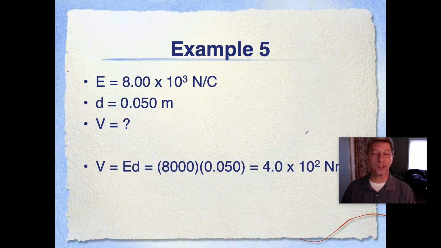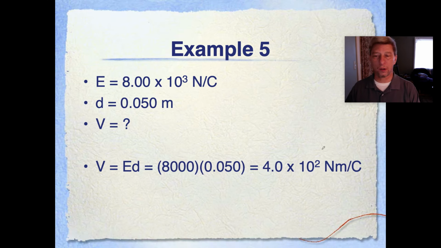V equals E times D. 8,000 newtons per coulomb times 0.050 meters is equivalent to 400 newton meters per coulomb. Notice that I wrote it in scientific notation because we can only have 2 significant figures in our answer. The other thing you should realize is that a newton meter per coulomb is equivalent to a volt.